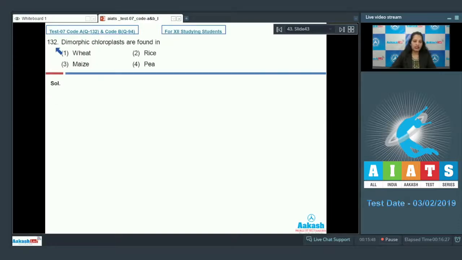Question number 132. Dimorphic chloroplasts are found in: first option wheat, second rice, third maize, fourth pea. Dimorphic chloroplast means two types of chloroplasts, and two types of chloroplasts are found in C4 plants. It means you have to find out the C4 plant out of the given plants.